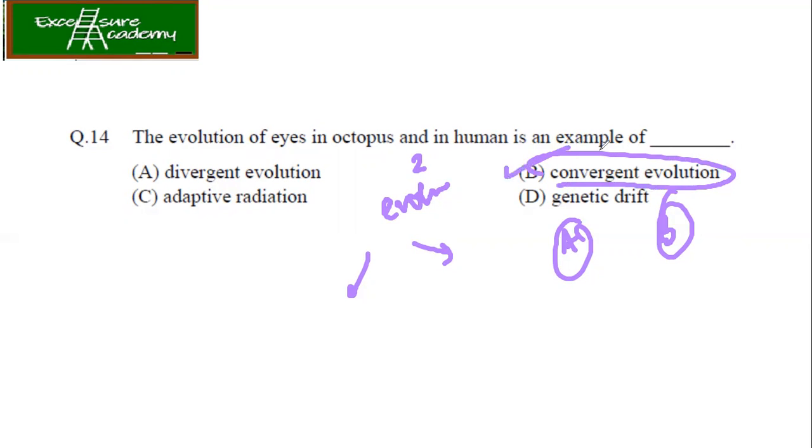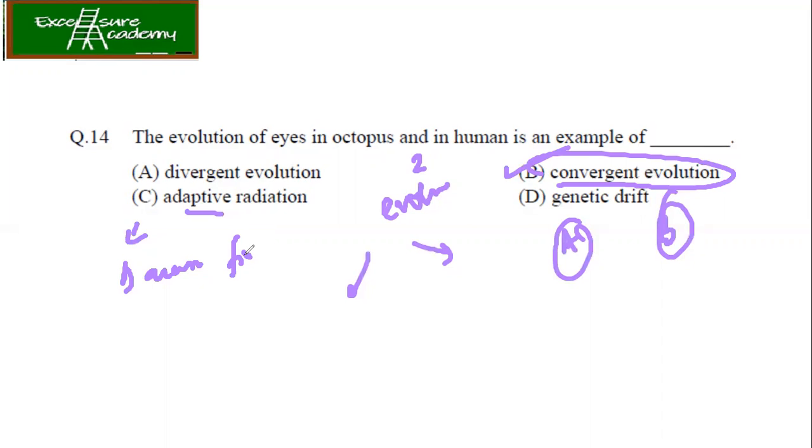But still, let us learn what the rest of the options say. Adaptive radiation is a relatively fast evolution of many species from a single ancestor. For this, the example is Darwin finches, if you have seen in the Galapagos Islands. When one island got split into many other islands, whatever kinds of birds were present developed according to the fruit, nuts or flowers available.